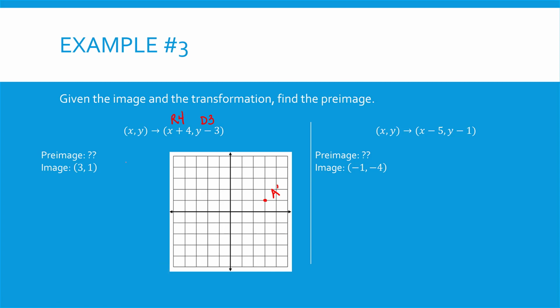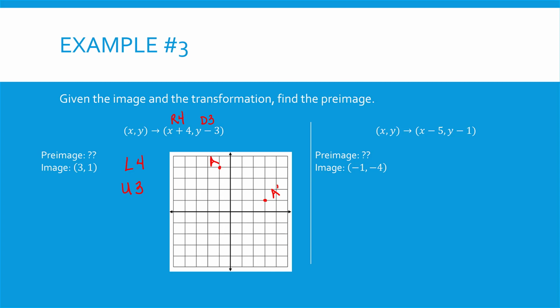So we want to go left 4, up 3. I'm going to take A prime and move it left 1, 2, 3, 4. And then move it up 3 to find my original pre-image, A. Not A prime, just A.